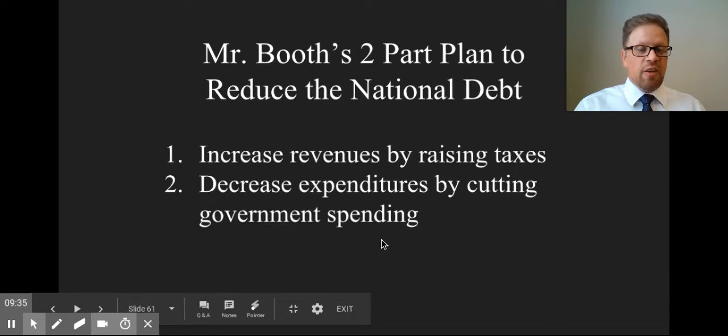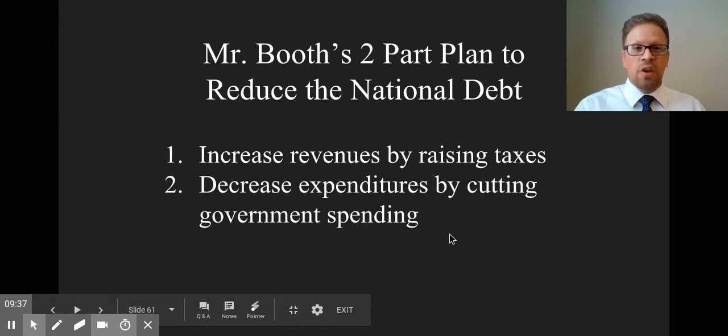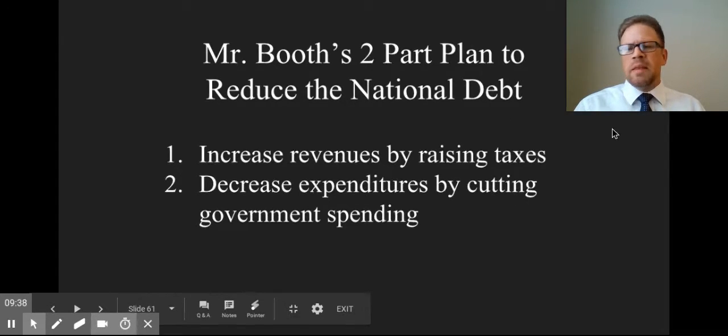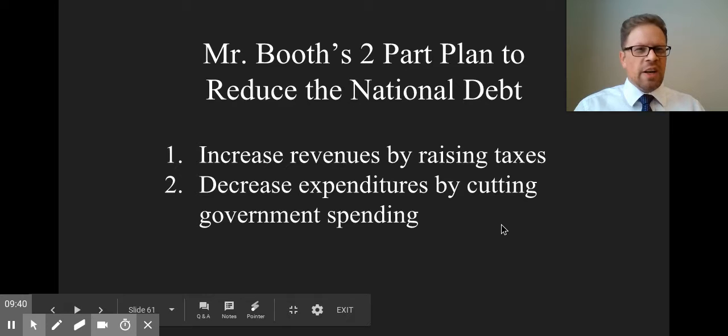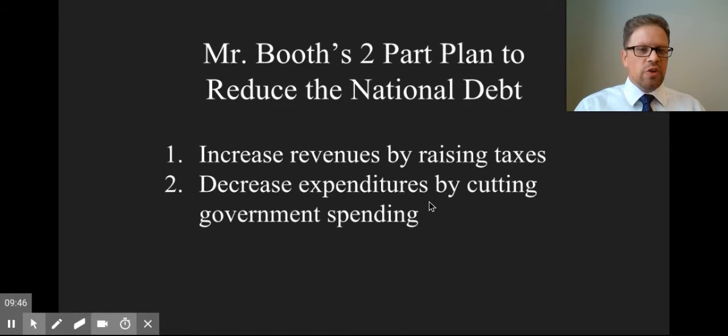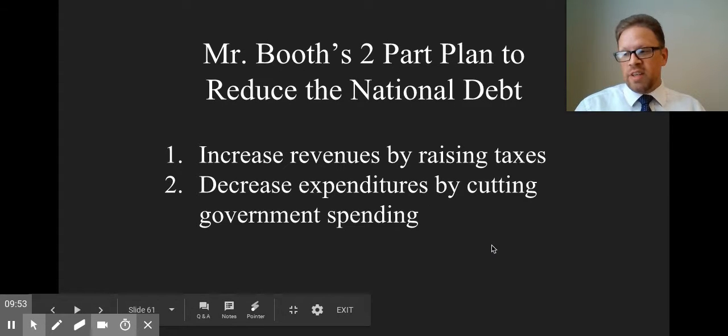I just said that out loud. I just lost the Democratic vote. So as you see, this is why they are not actually serious about fixing the national debt issue. Because to actually do it right, you have to do both of these things, and neither side is willing to budge. So that's why our debt just continues to grow and grow and grow.